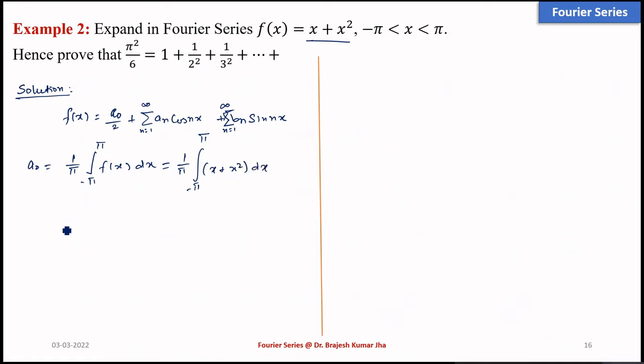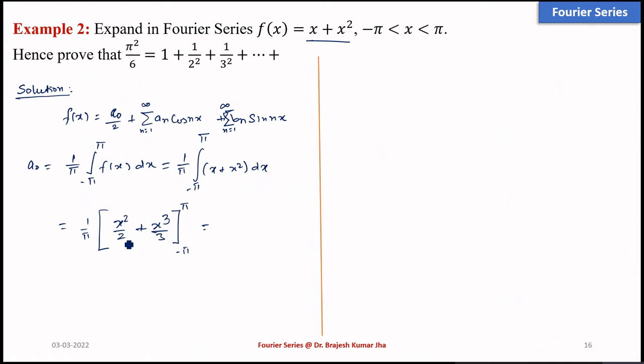Simple integration that we require. So it is going to be 1 upon pi times x squared by 2 plus x cubed by 3, from minus pi to plus pi.